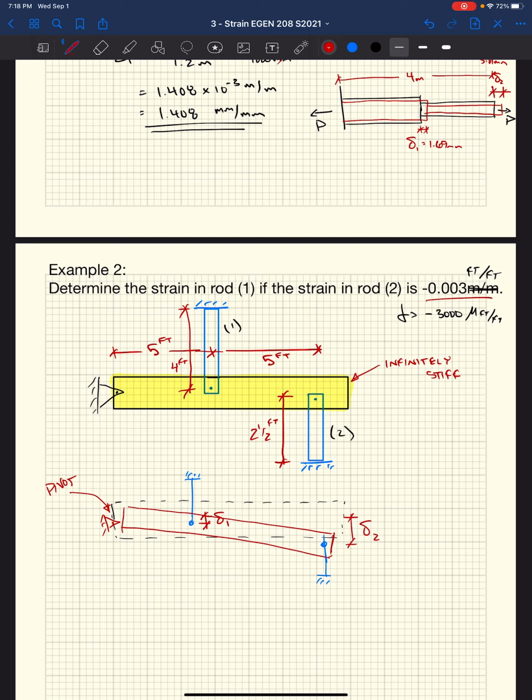We have a negative strain in rod 2, so that rod is getting shorter. Well, if we're fixed at this pivot, this pin at the end of the infinitely stiff beam, and rod 2 is getting shorter, it's rotating downward. If it rotates downward, then rod 1 is going to have to get longer. Those changes in lengths are delta 1 for rod 1 and delta 2 for rod 2.